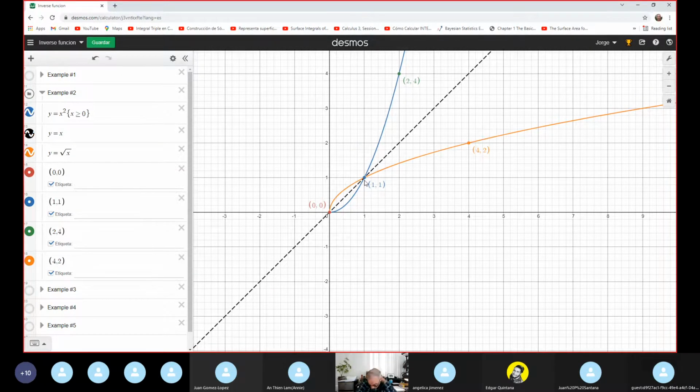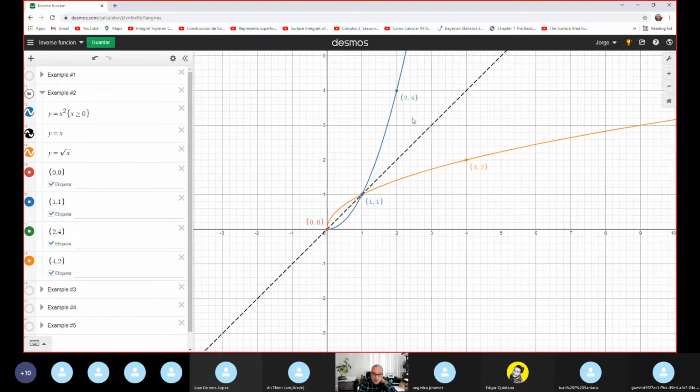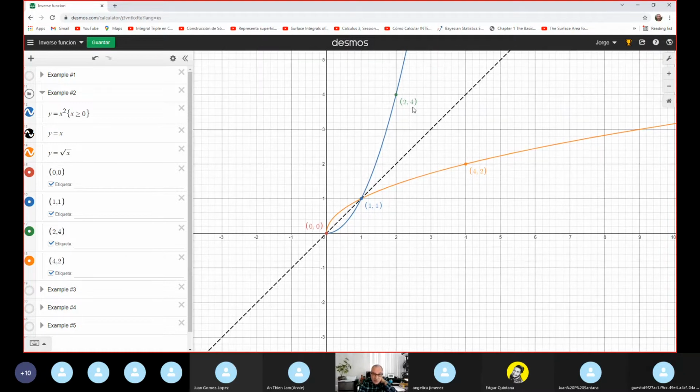It's logical because square root of 0 is 0 and power 2 of 0 is 0, no? And 1 is exactly the same, but 2 and 4, no. Suppose that x is 2, when you square it, 4, and in the opposite direction the square root of 4 is 2. Okay, in this case, both functions have no negative part, and this is clear from the domain.